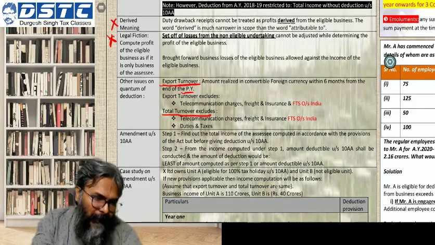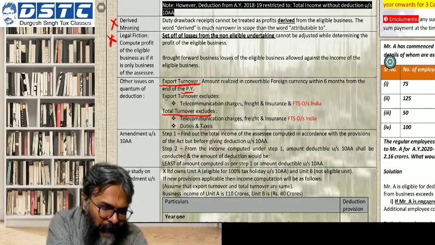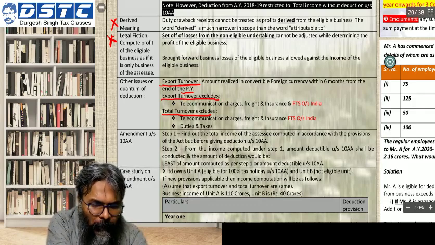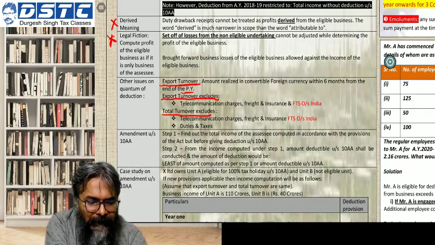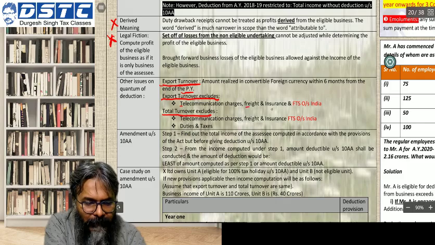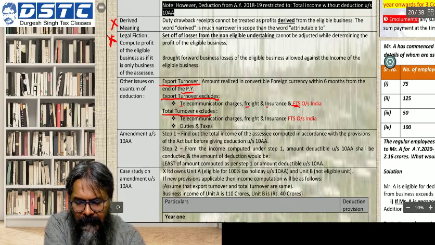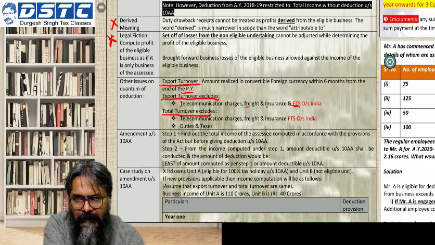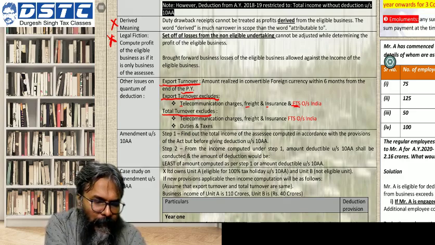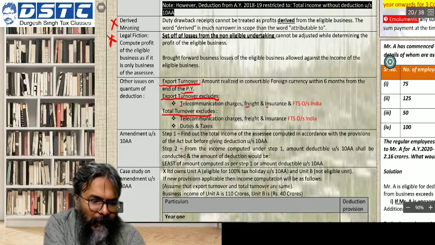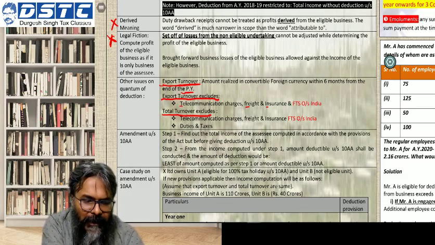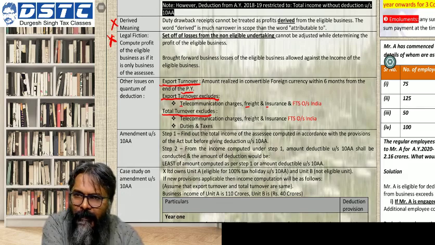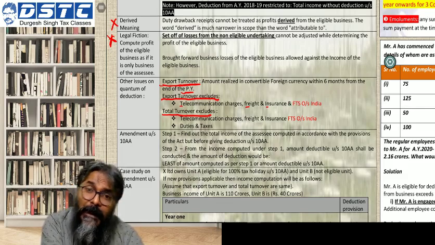Now furthermore, students, export turnover will also exclude the telecom charges, freight, insurance, and FTS outside India. FTS full form is fees for technical services outside India. So export turnover excludes the telecommunication charges, freight, insurance, and the fees for technical services outside India.